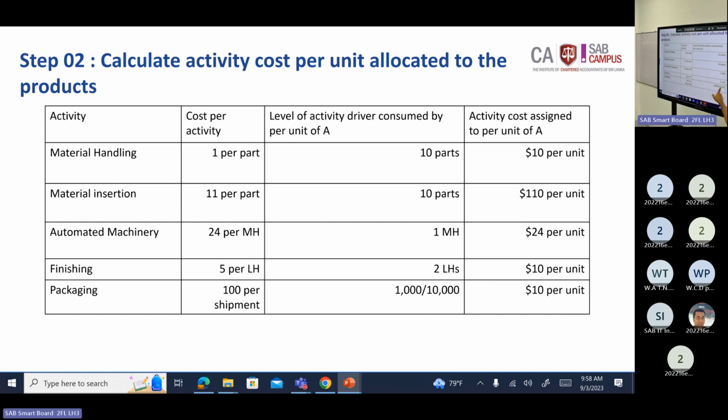අනිත් ඒවා 5 into 2 hours 10, 24 into 1 24, 11 into 10 110, 1 into 10 10. අපිට product එකේ total cost එක.